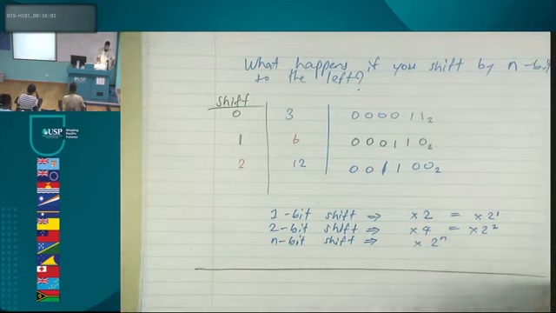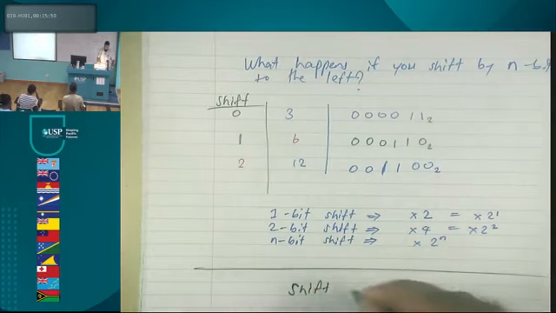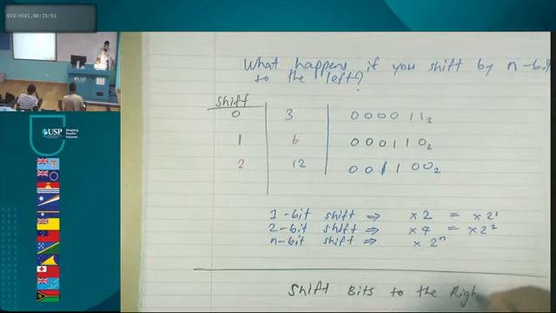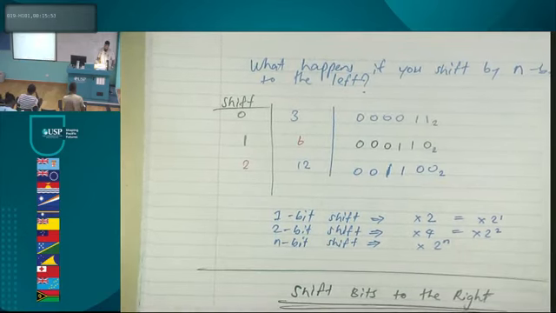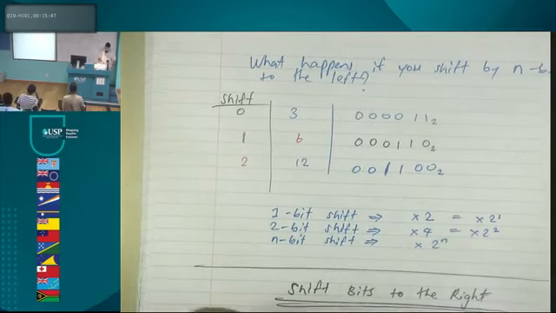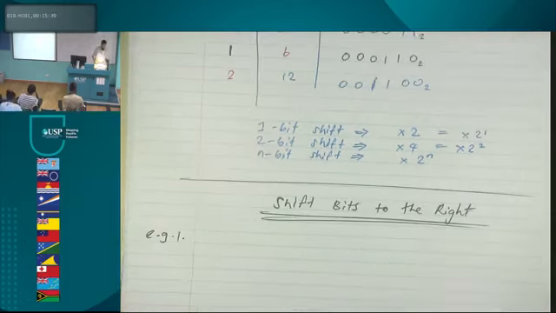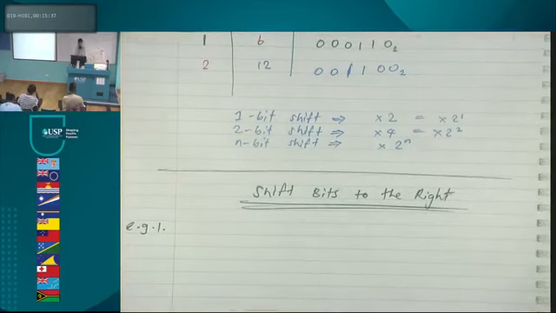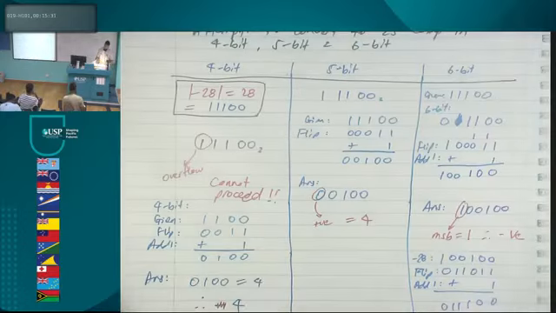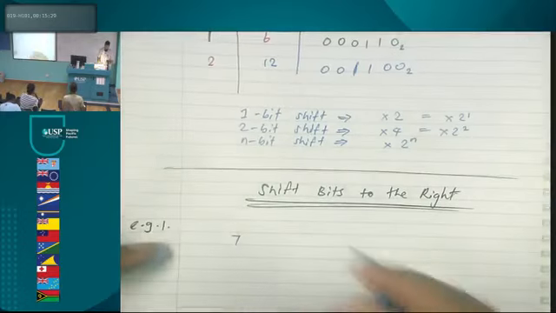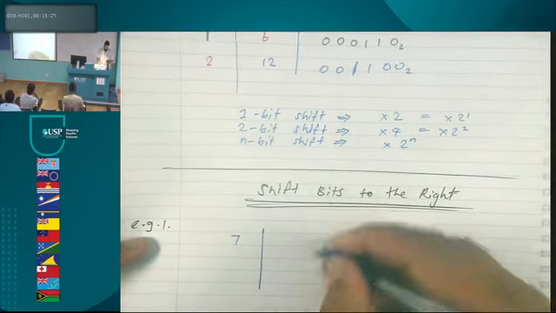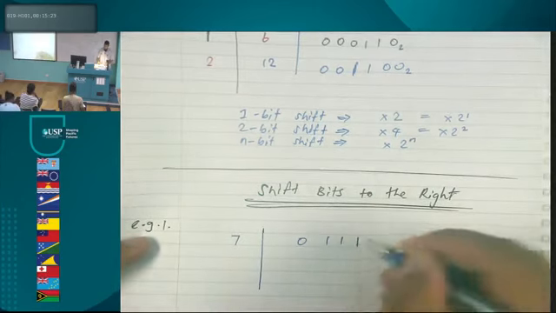Now, shift bits to the right. Okay, let's apply those same examples. What numbers did we choose early on, guys? We said 7. 7 is same as 0 1 1 1.